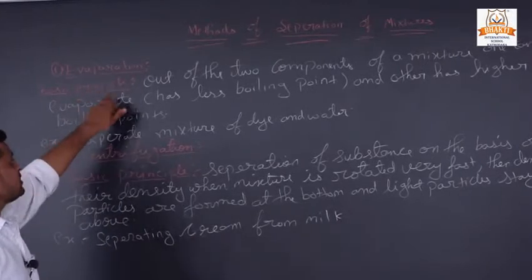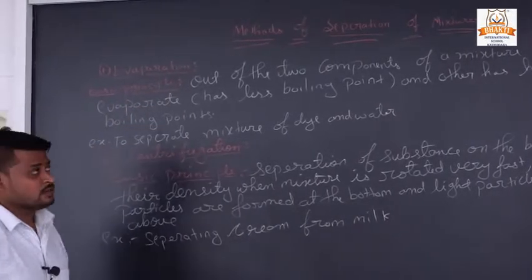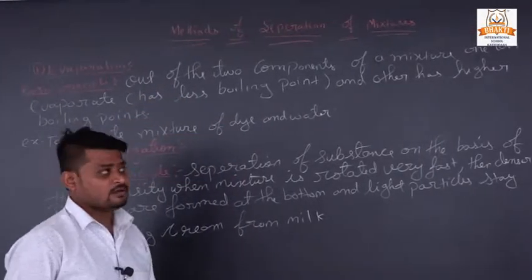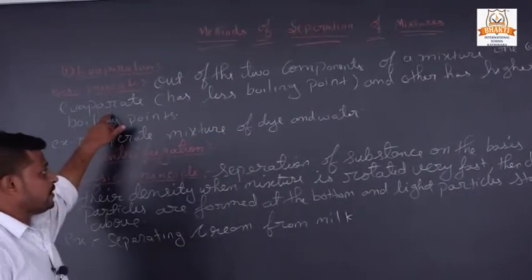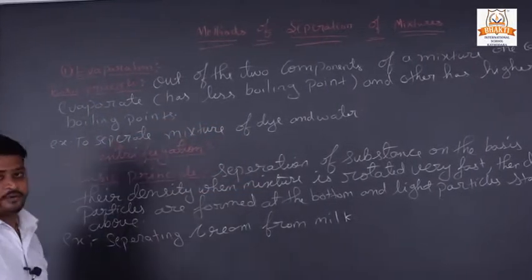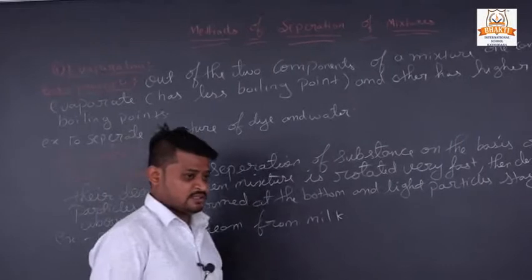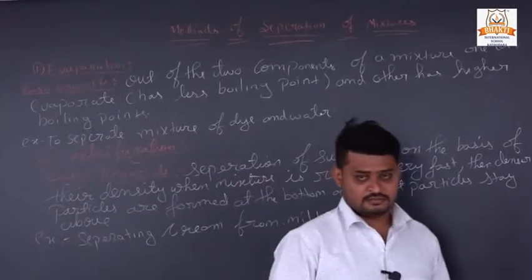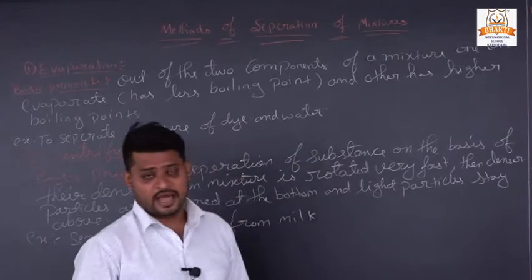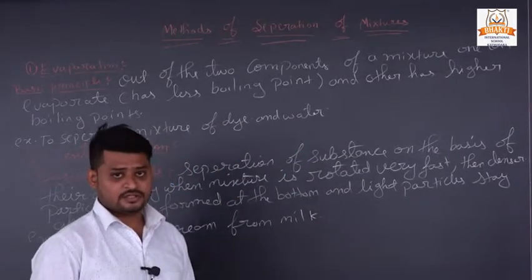The basic principle of evaporation is that out of the two components of a mixture, one can evaporate and has a lower boiling point, and the other has a higher boiling point. We all know what a mixture is. Two or more substances combined in any ratio is called a mixture.